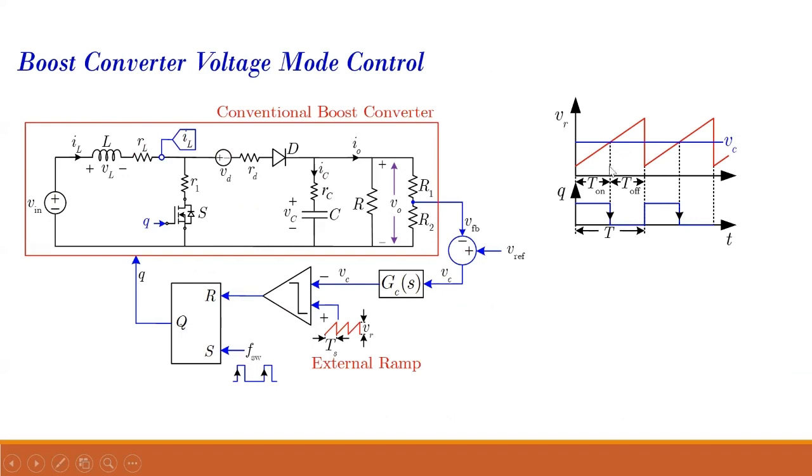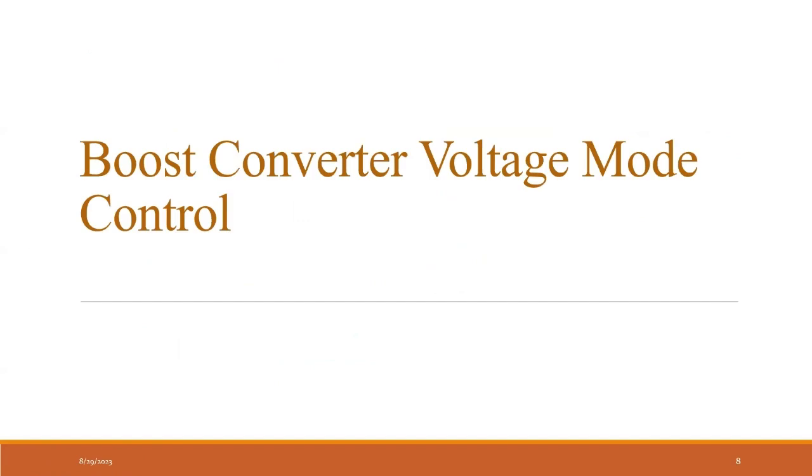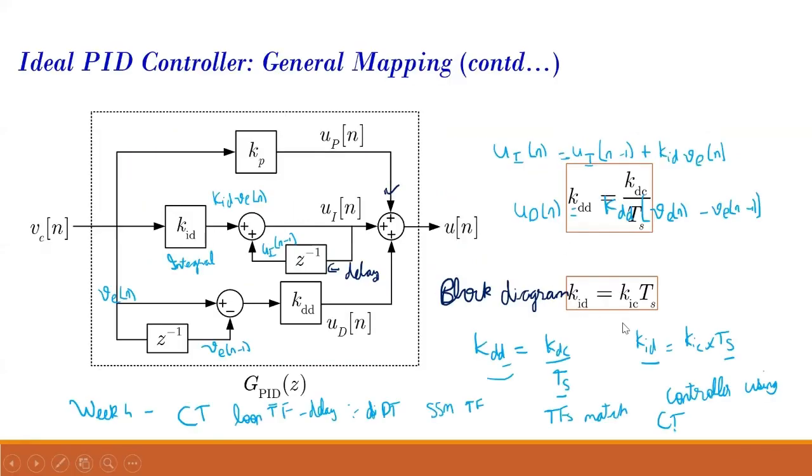Sir, that delay is only TS, right? Yes, the continuous time with the delay is the digital small signal transfer function. There is one delay that is TD, which consists of the digital pulse width modulation delay plus my ADC delay. That is another delay.